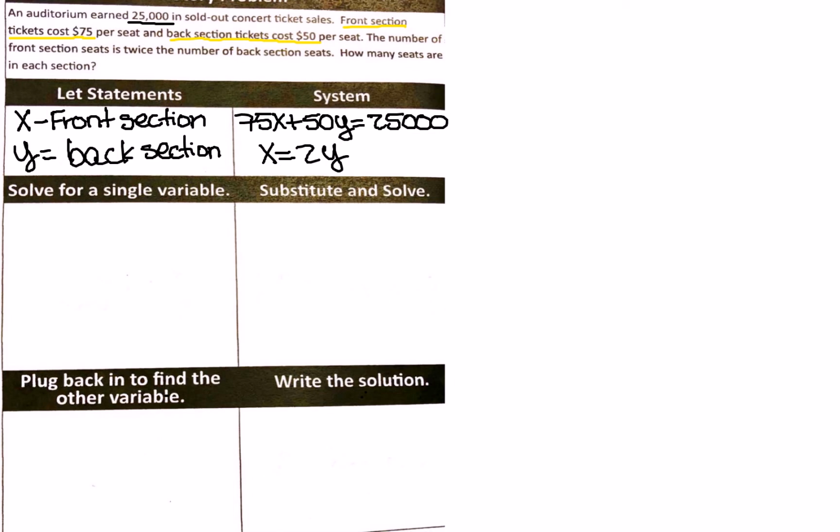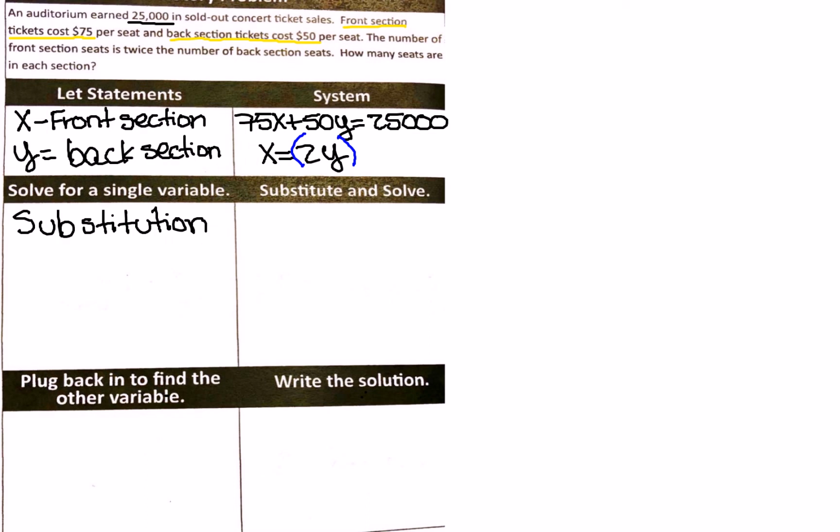The next step is find out what method is the better to solve this system. And remember that every time that we have x equals something or y equals something, the best method we can use is substitution. Now, to do substitution, I just have to get the value that I have for x and plug that in the other equation so I can solve for y.